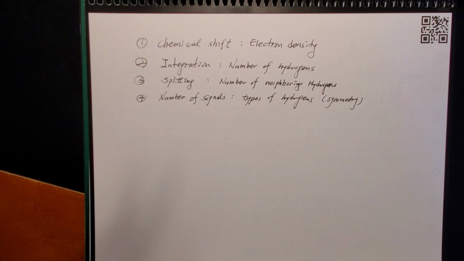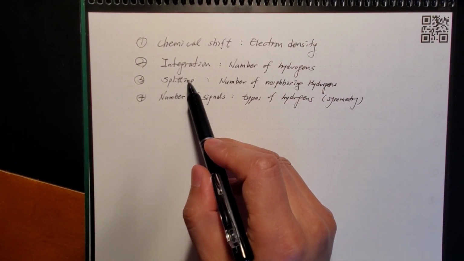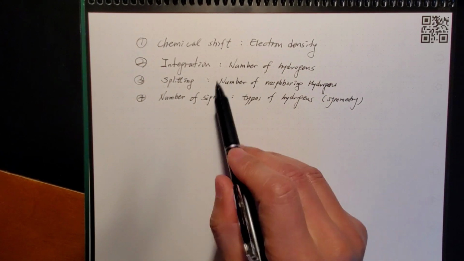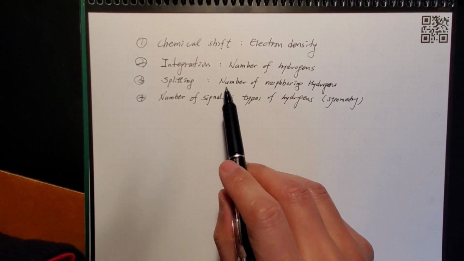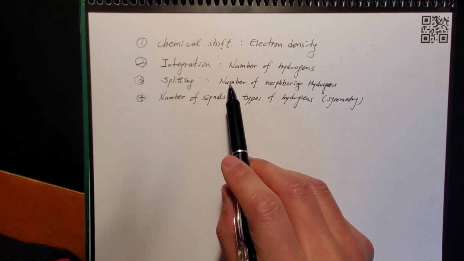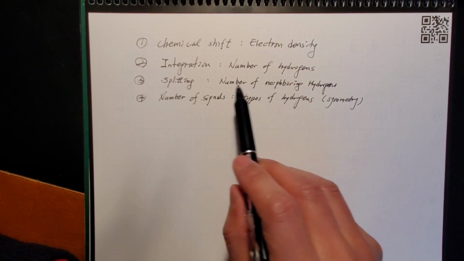Yet that particular signal can be split into a number of small peaks due to the neighboring hydrogens.